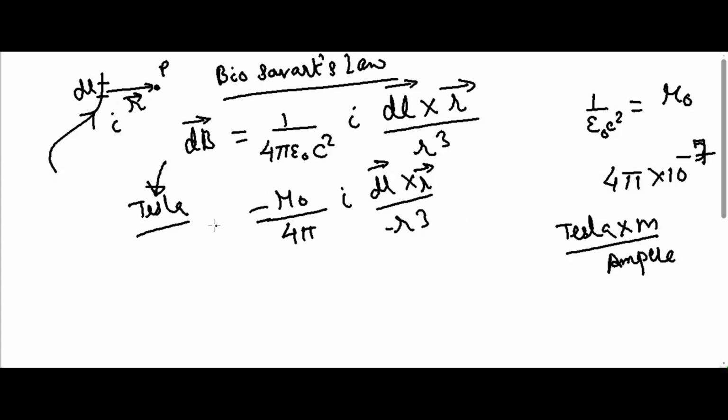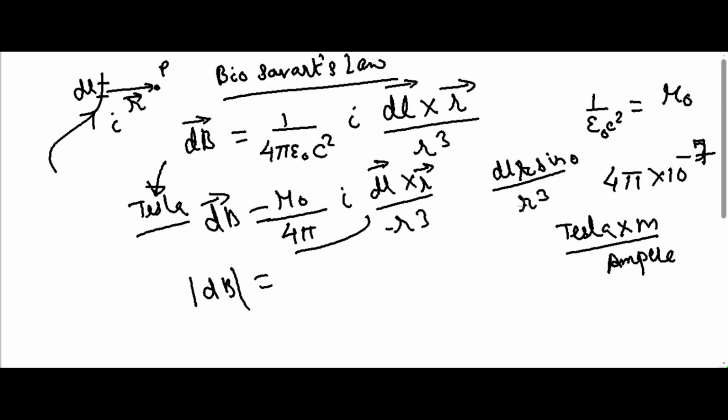So this is in terms of vector notation. So what will be the magnitude? So the magnitude of dB will be equal to mu naught by 4 pi, I will not write this again, dl cross r will be dl into r into sine of the angle of dl and r, divided by r cubed. So r cube will become squared if I cancel with the numerator r.